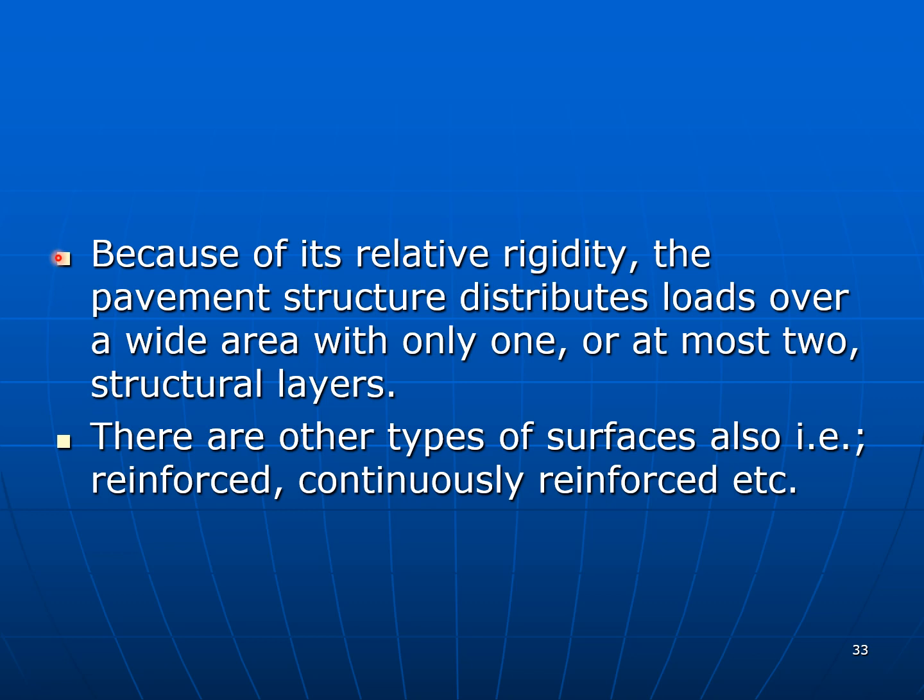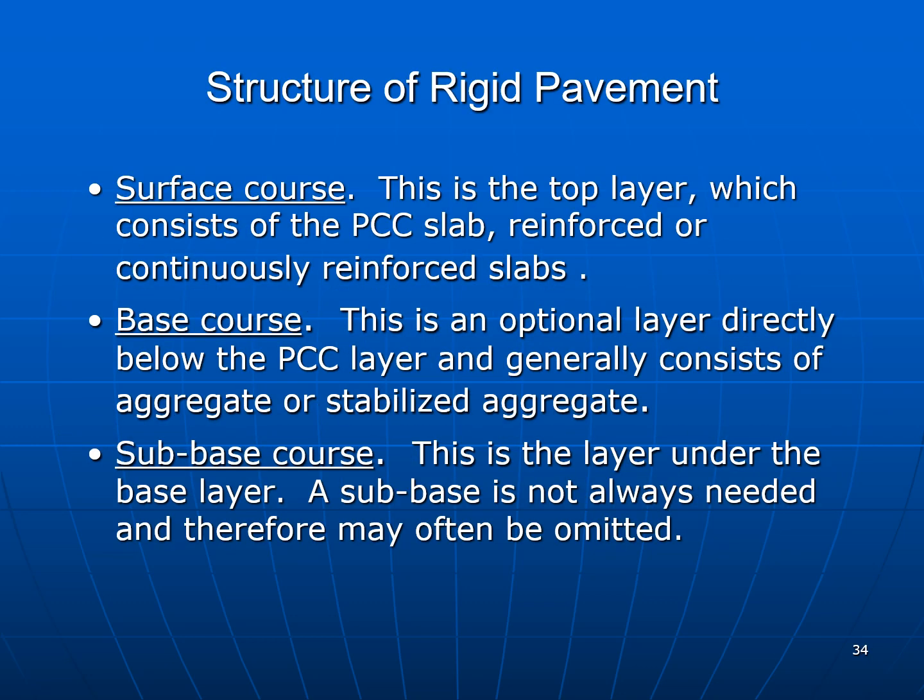Because of its relative rigidity, the pavement structure distributes load over a wider area with only one or at most two structure layers. There are other types of surfaces also, that is reinforced, continuously reinforced, etc.